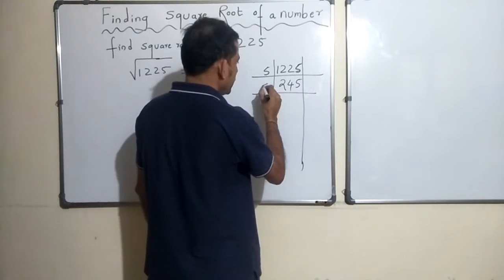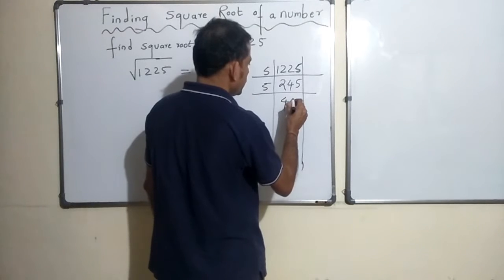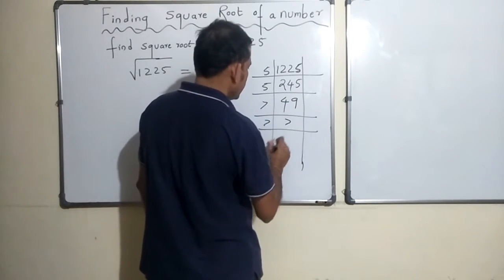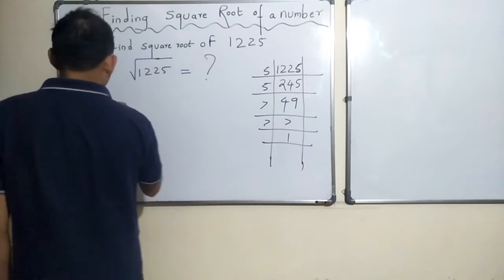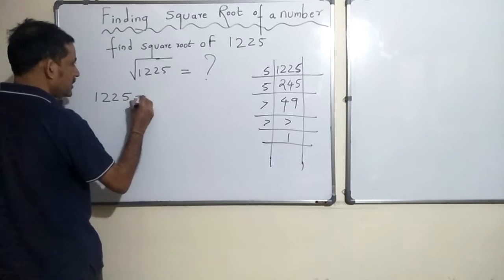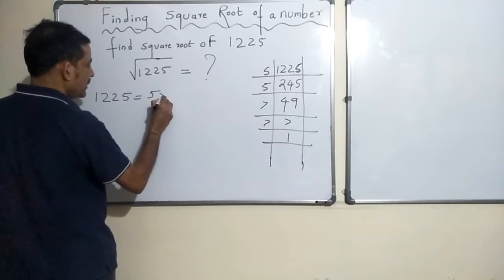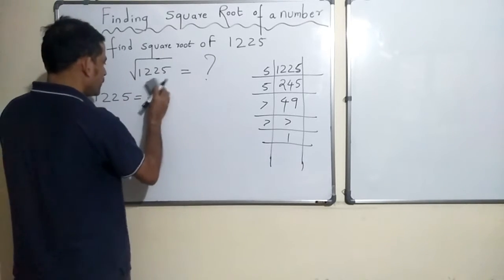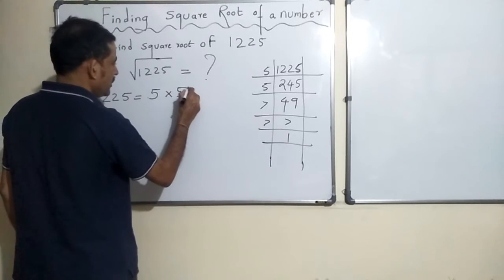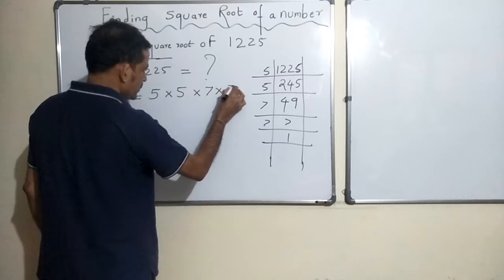Again it is divisible by 5, 5 9s are 45, and 5 7s are 35, then 7 7s are 49. So 1225 is nothing but 5 into 5 into 7 into 7.